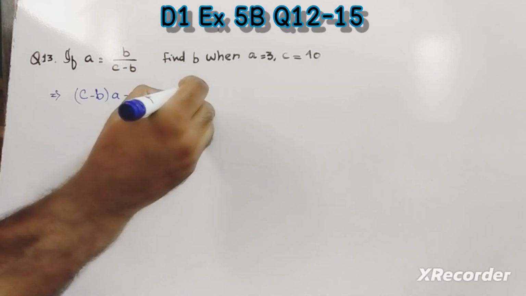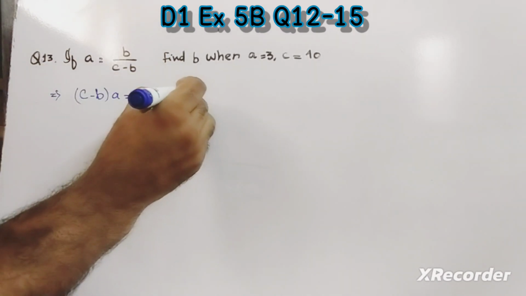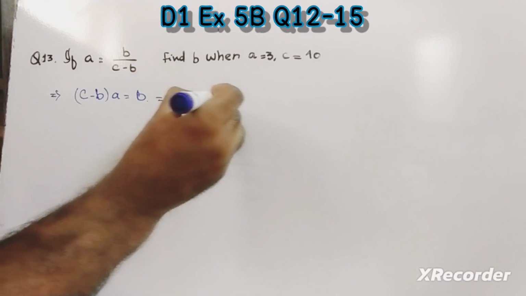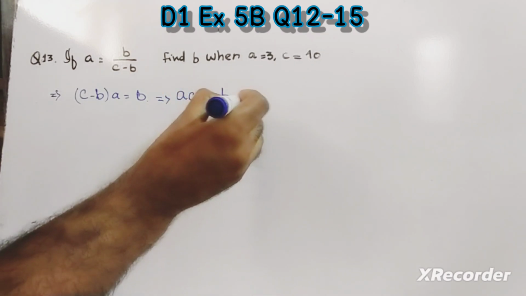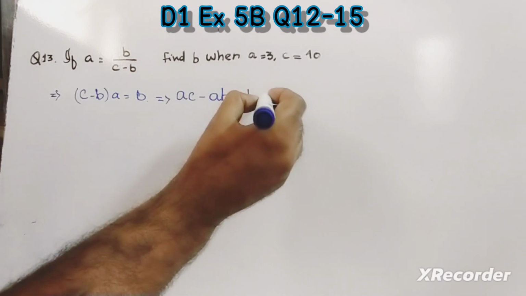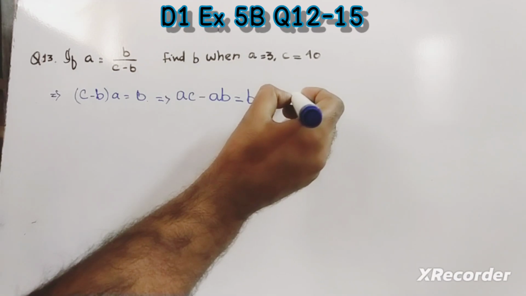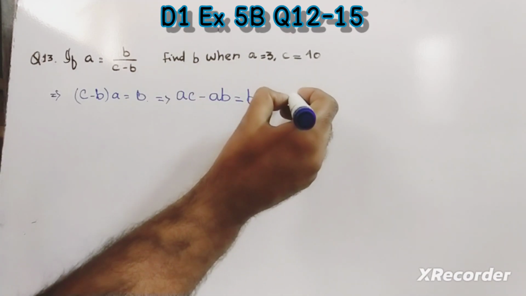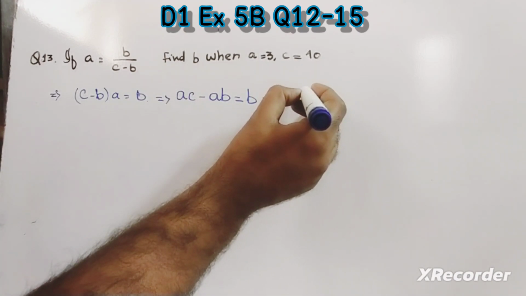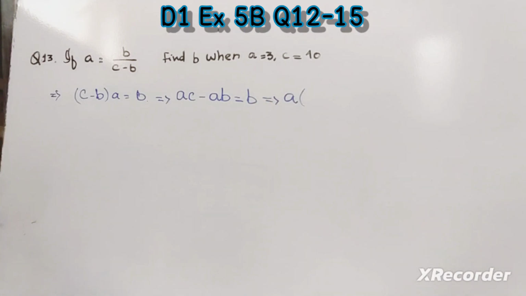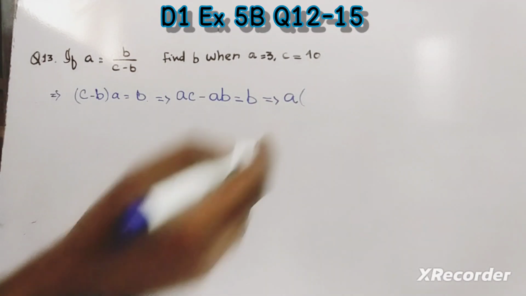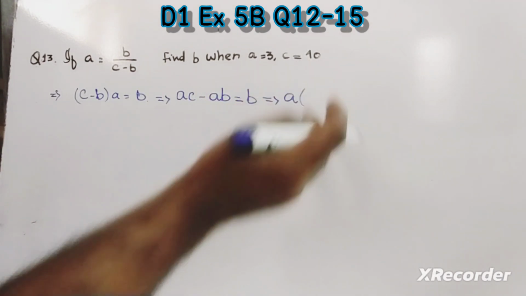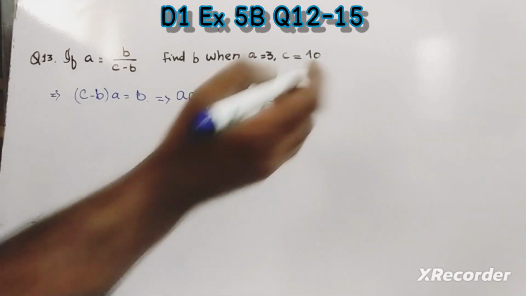or we can say that A multiplied with C is AC minus AB is equal to B. Do not take A common.